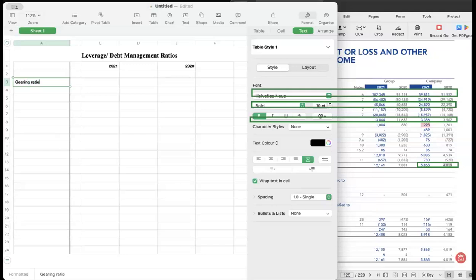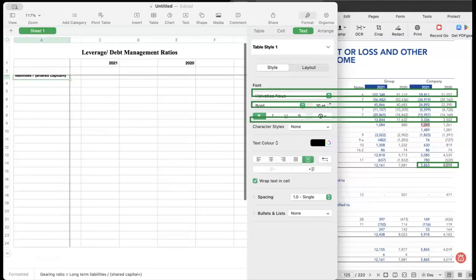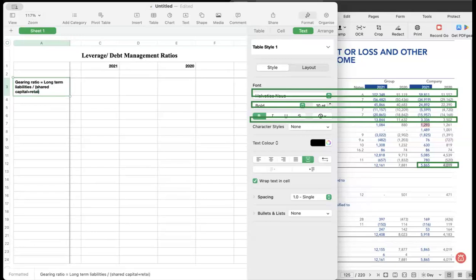Gearing ratio equals long-term liabilities over share capital plus retained earnings plus again long-term liabilities, right?